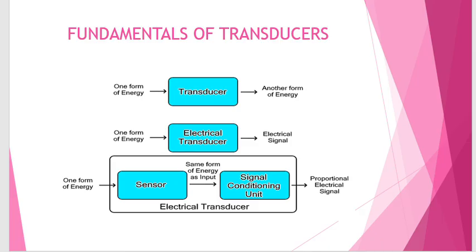Then a transducer is used in the speaker for converting an electrical signal into acoustic sound, and in the area of the communication field, the antenna is one of the best examples of a transducer. What is happening in the case of an antenna is that electromagnetic waves are converted into an electrical signal with the help of the antenna.